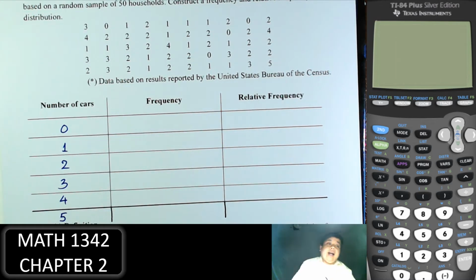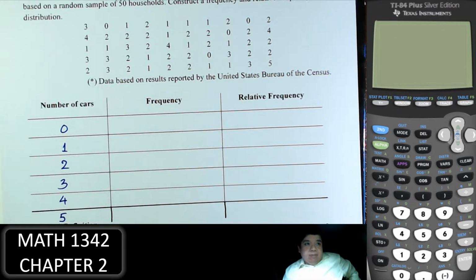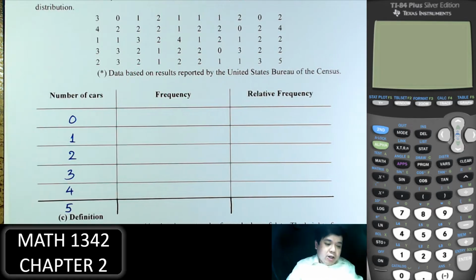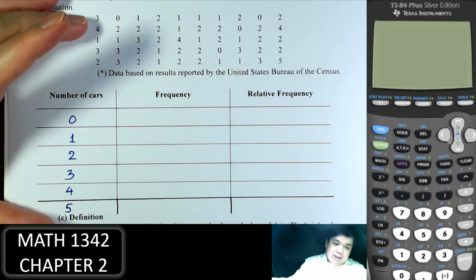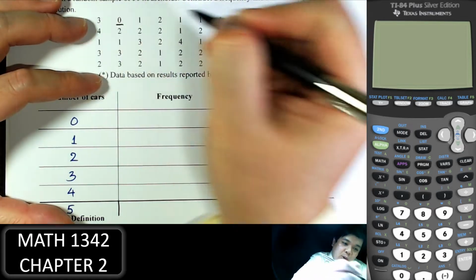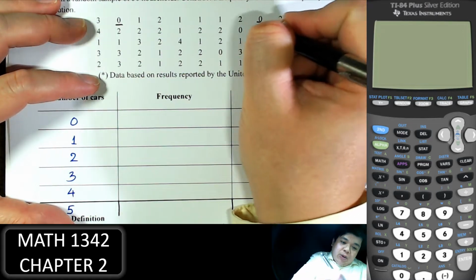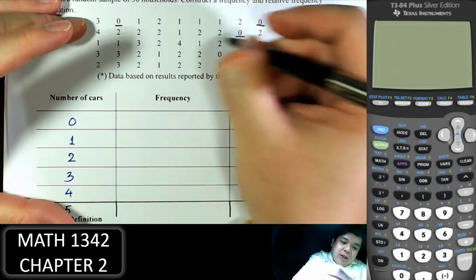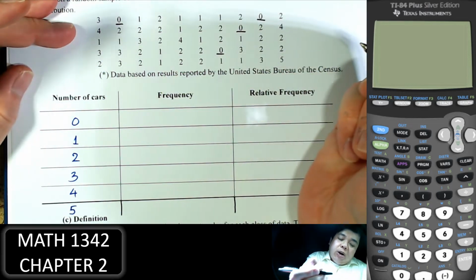Now just count. How many zeros do we have? 1, 2, 3, and 4.